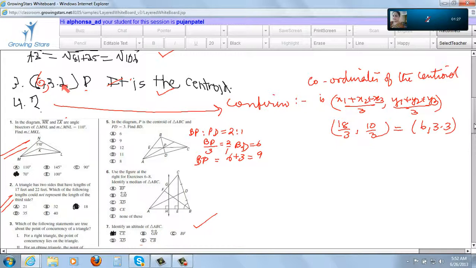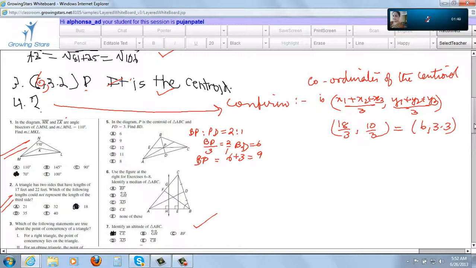Now, for coordinates of the centroid, there's a formula for finding the coordinates. If you know the coordinates of the vertices of the triangle, what are the vertices? Can you tell me?